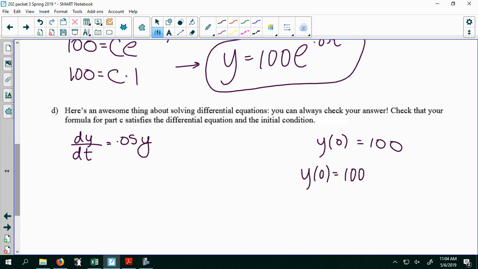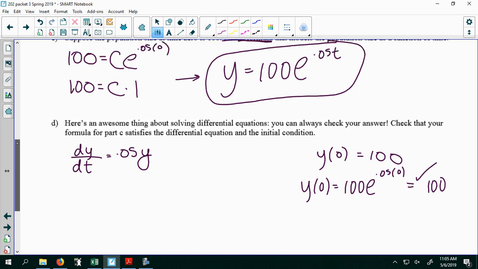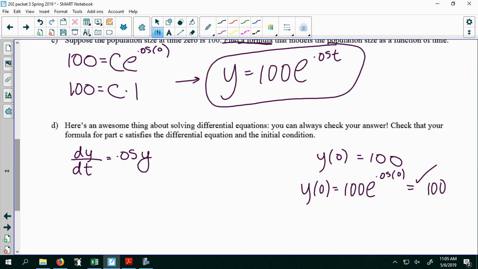is 100 times e to the 0.05 times 0. Does that equal 100? Yes. Check. All right, now I want to check the differential equation. I want to know, does dy dt, does the derivative of this function equal 0.05 times the function? So what is the derivative of this function?